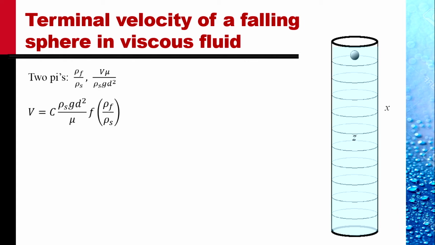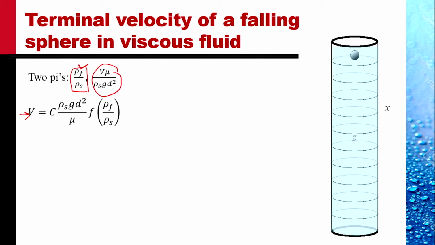One pi number would be rho f by rho s, which is obvious since the dimensions of f and s are the same, and the other pi number is v mu divided by rho s g d square. So this pi number, which contains the dependent parameter terminal velocity v, should be a function of this parameter, which is written here. So v is constant times rho s g d square by mu times the function of rho f by rho s.